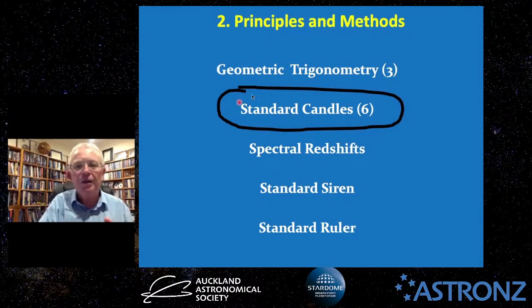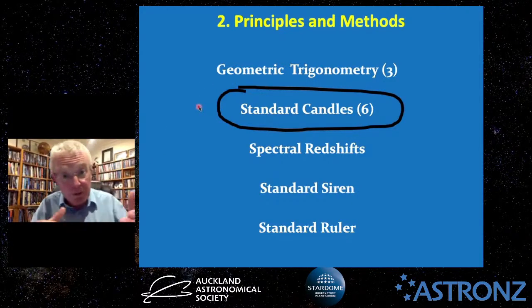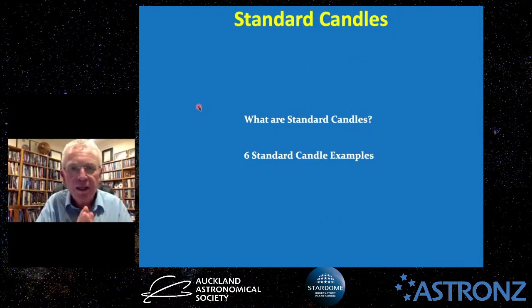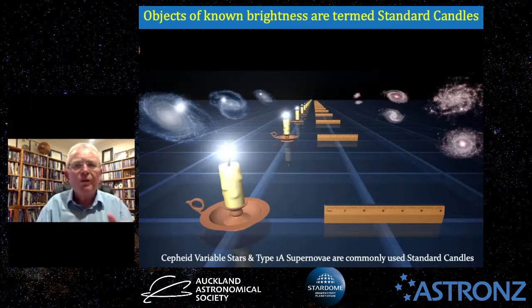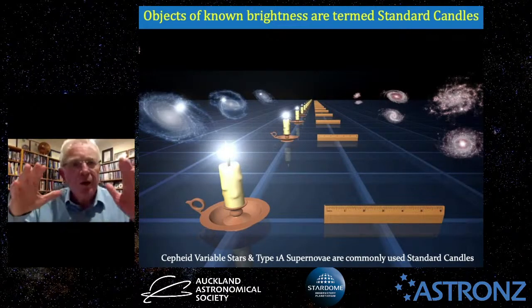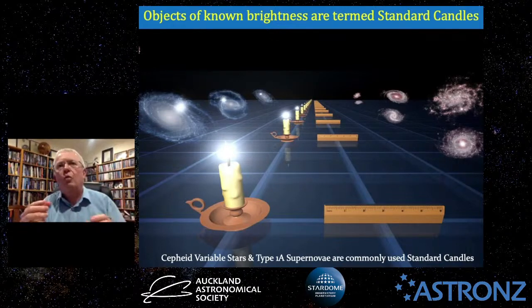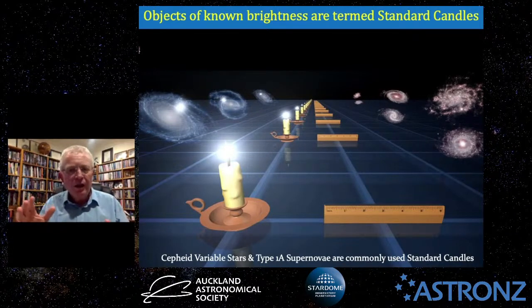Okay, so that's the 3 geometric trigonometry methods. Let's move on to standard candles, and we'll have 6 examples here. So first of all, what are standard candles? Well, a standard candle in astronomy is an object of known brightness. If you get anything that shines light, and you know exactly, because you understand the process going on there, how bright it actually is, it's called a standard candle.